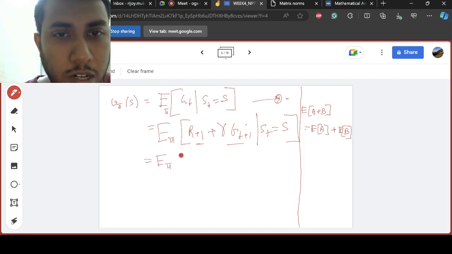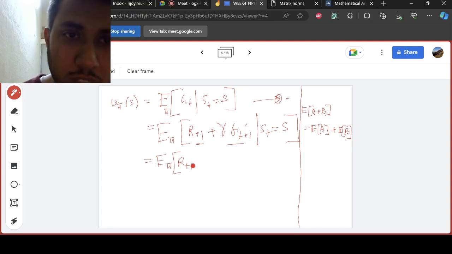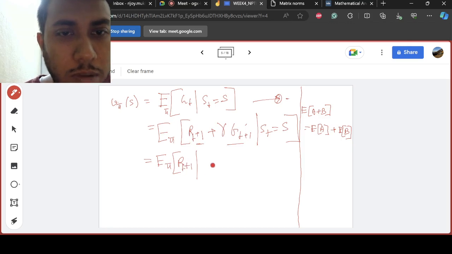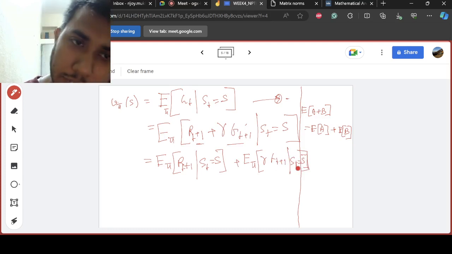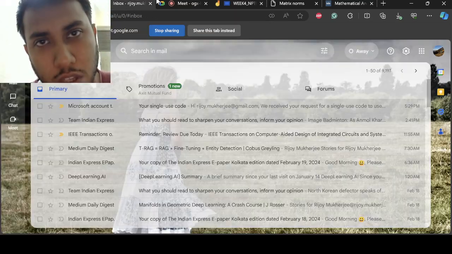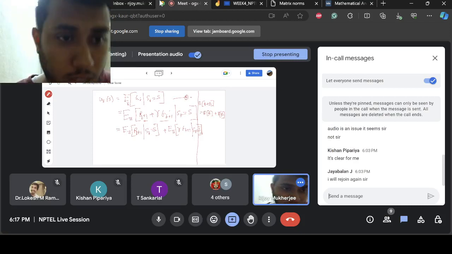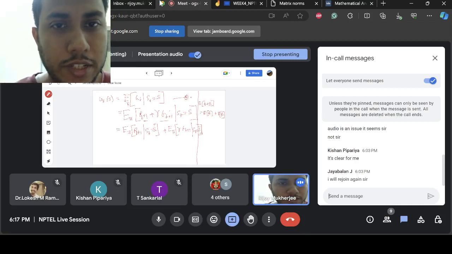This part can be called the expectation of R t plus 1 given S t equals s, plus the expectation of gamma G t plus 1 given S t equals s. Using this linearity of expectation, we can just write it like this.